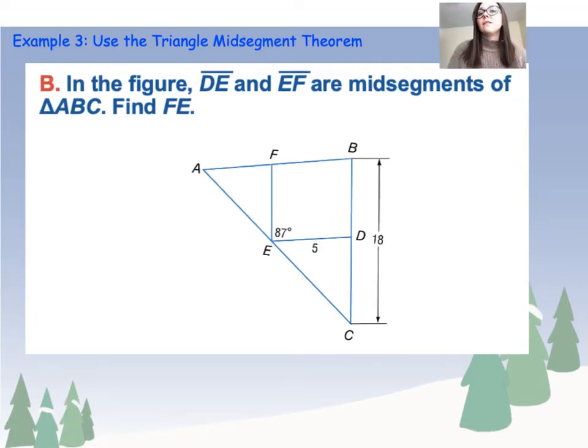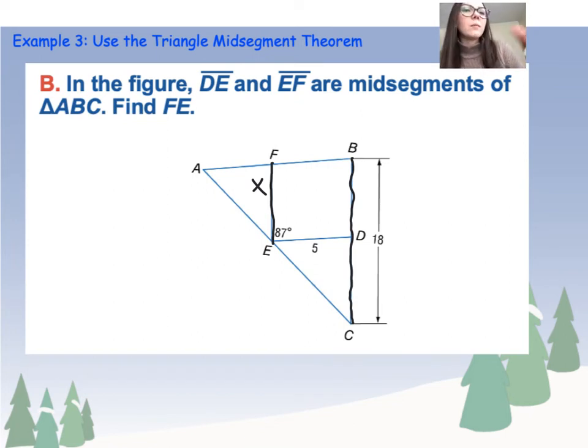All right, we're given the same information on this other example, but this time we're asked to find the length of FE. So I'm going to go ahead and mark once again. If FE is what we're asked to find, then the side it's parallel to is segment BC.